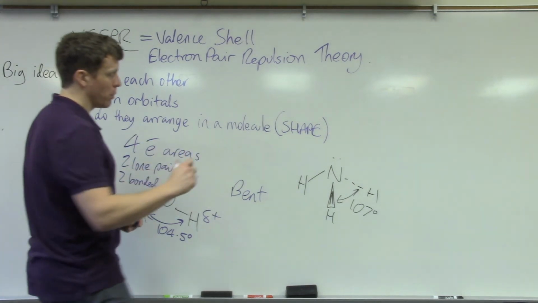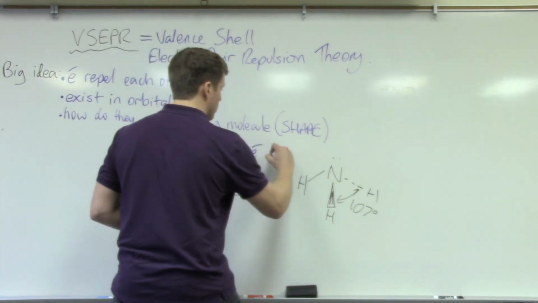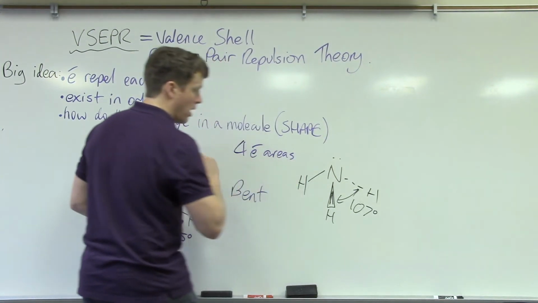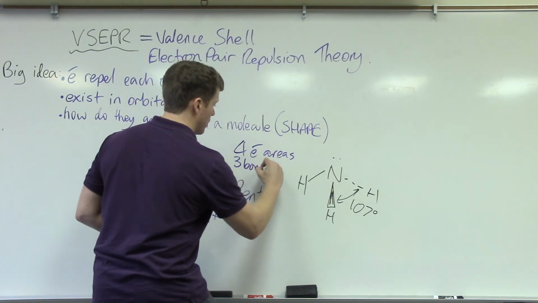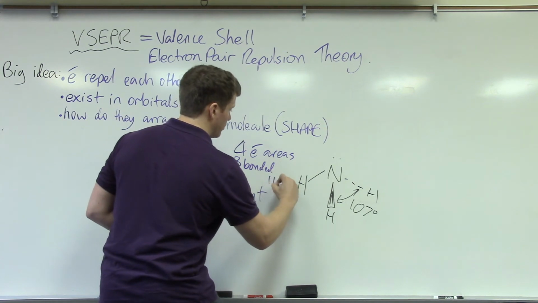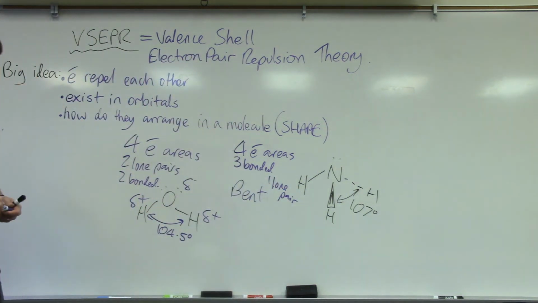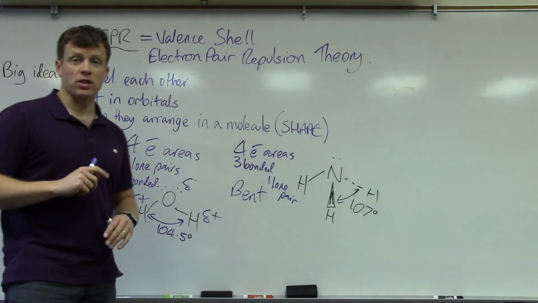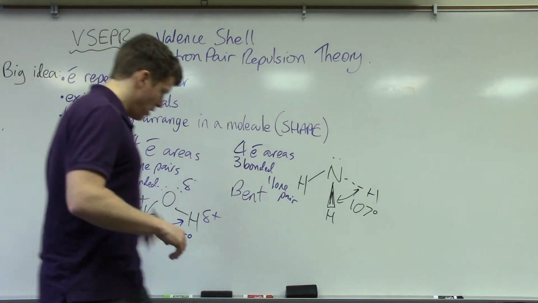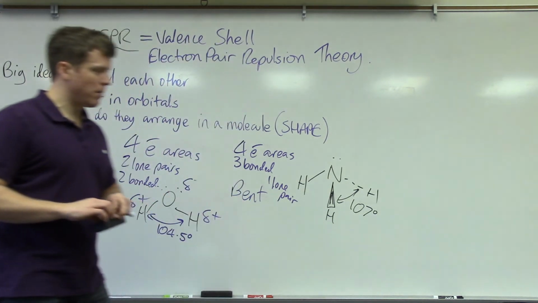In the case of ammonia, we've still got 4 electron areas, but we've got 3 bonded pairs and one lone pair. So the big thing here is the number of lone pairs and bonded pairs. The ratio really has a big effect on the molecule's shape. And then also shape influences polarity.